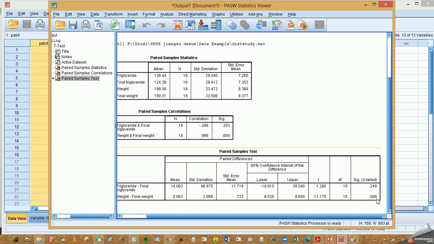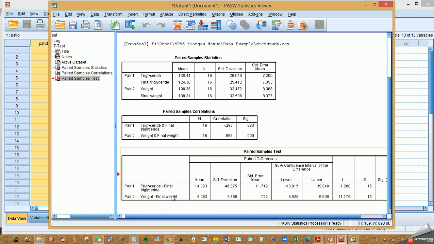However, the second pair shows us that the significance level is 0, and we take the second hypothesis, telling us that there is a difference in the weight of the patients between before and after the 6 months. So the diet is good for the weight, but it's not good for the triglyceride level.